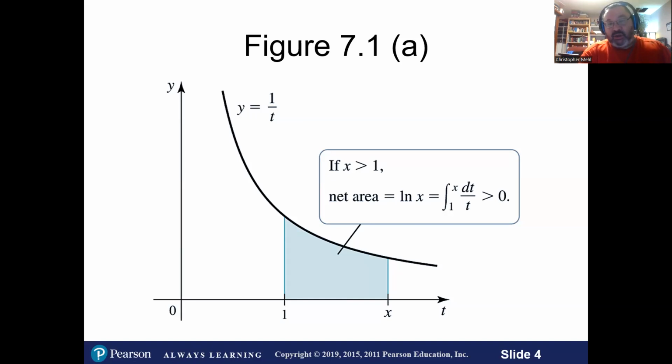So the implication being the natural log of anything greater than 1 is going to give you something greater than 0. But let's note another property here, and we'll jump to the whiteboard again.